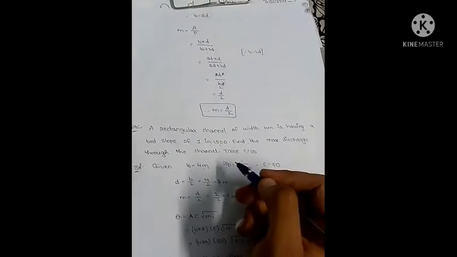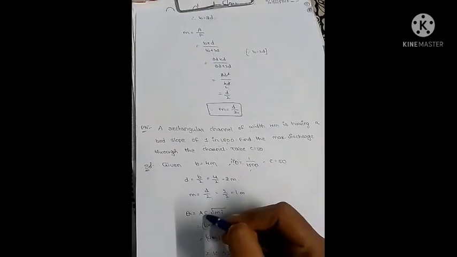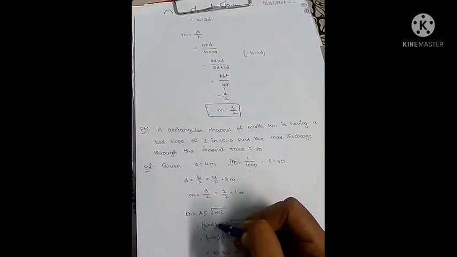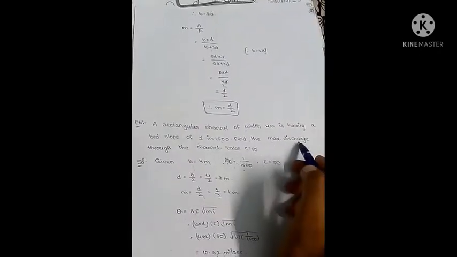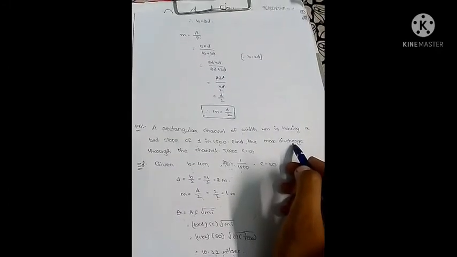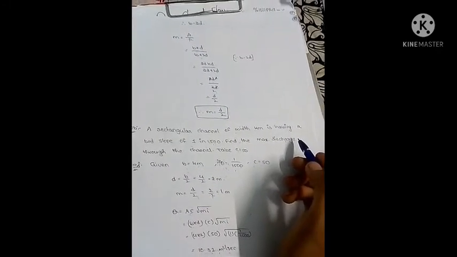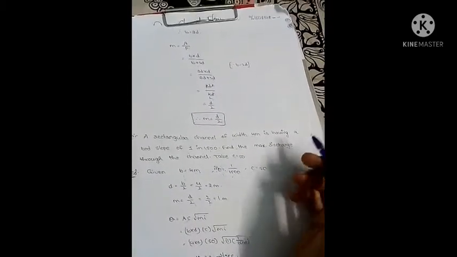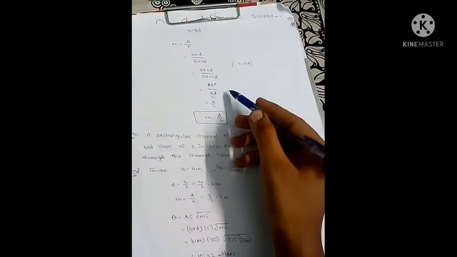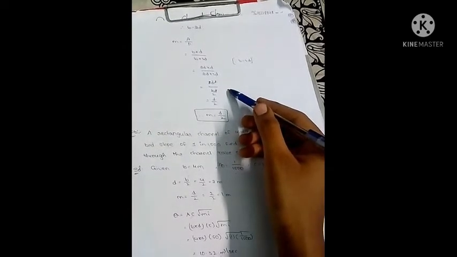For finding discharge, what is the formula? We know that Q is equal to A C root mi. A means b into d, but here d is not given. Here the maximum discharge is given. Maximum discharge means it is a most economical section, so we take the formulas from this derivation.